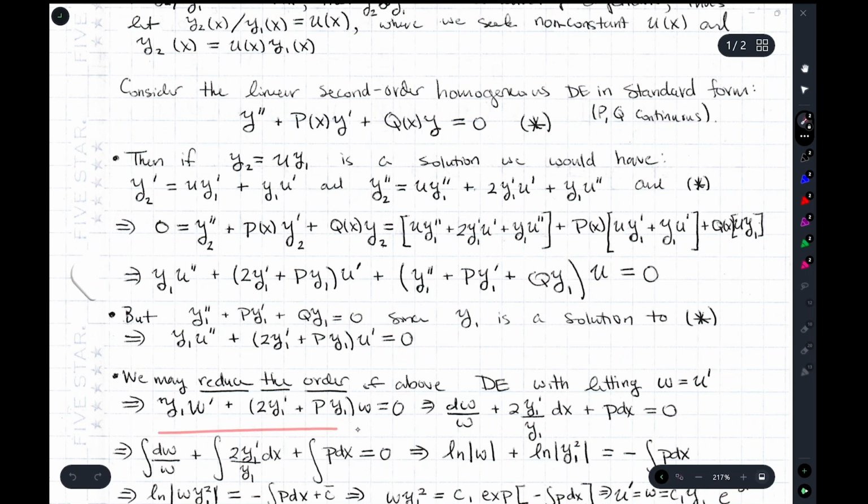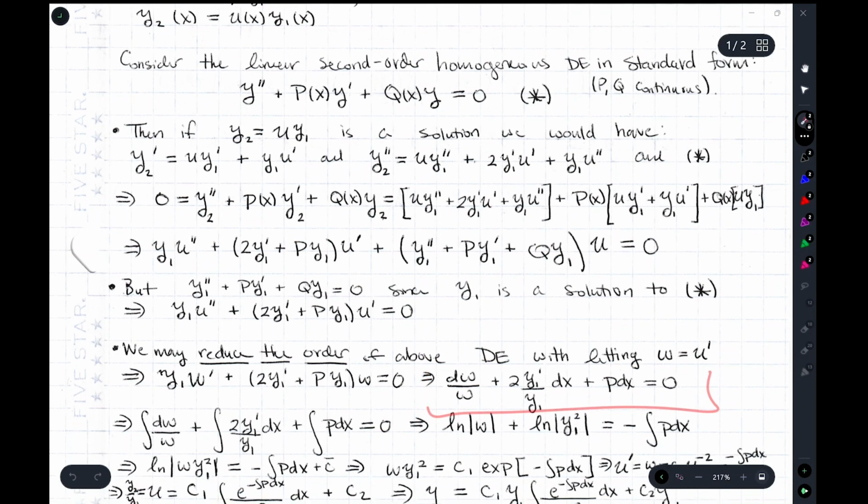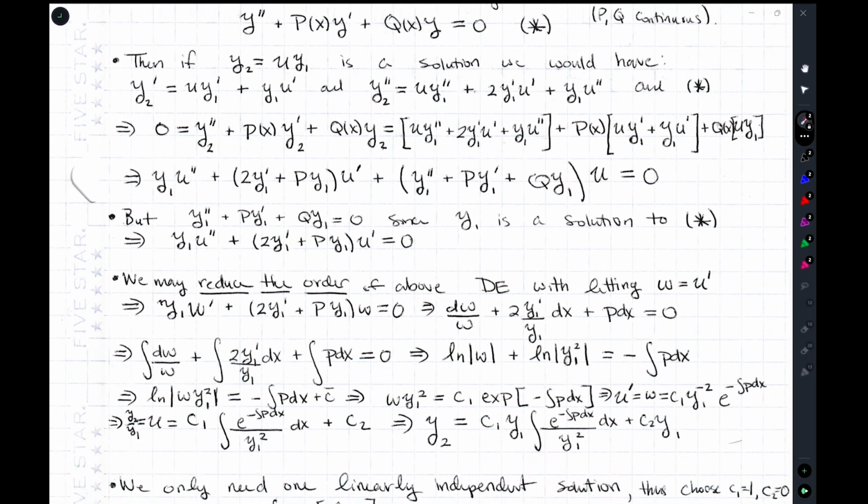Okay, so it's trivially a second order differential equation, and now the substance is really in this first order differential equation. We rewrite it, right? We divide by y1 and divide by w. We get this form right here, and we integrate. We have three different factors to integrate. This one turns into natural log of w.